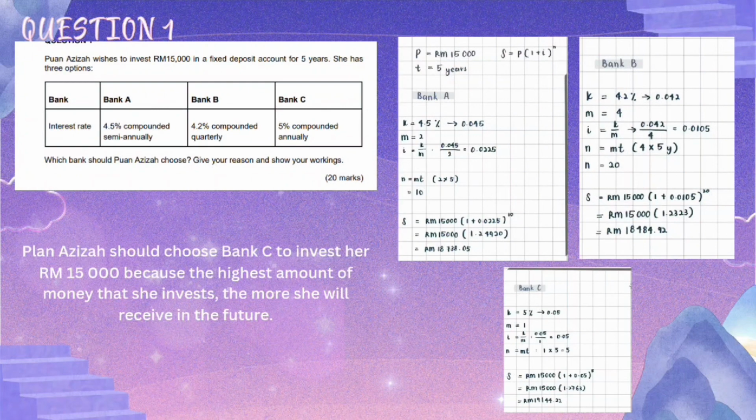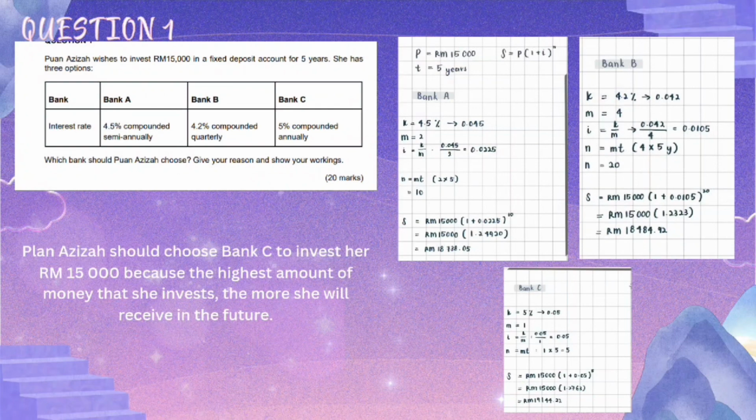We get i by dividing k over m, which is 0.045 over 2, so i equals 0.0225. n equals m times t, which is 2 multiplied by 5, so n equals 10.